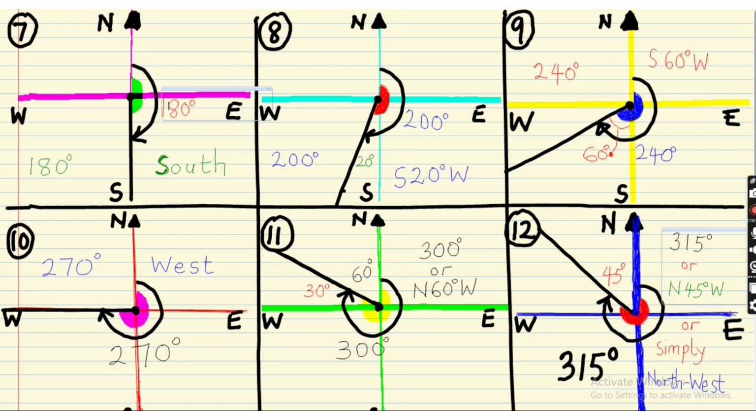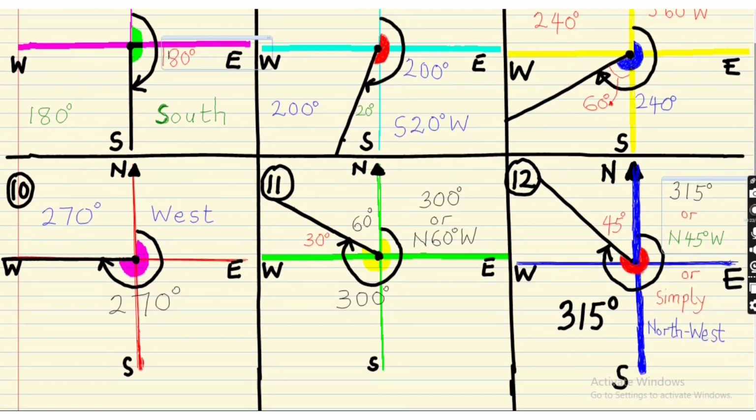Let's quickly speed up to 11. That has gone between west and north. That is angle 300. If you've got to record something that is above 270, it finds itself between west and north, and so we're going to locate it in that direction.